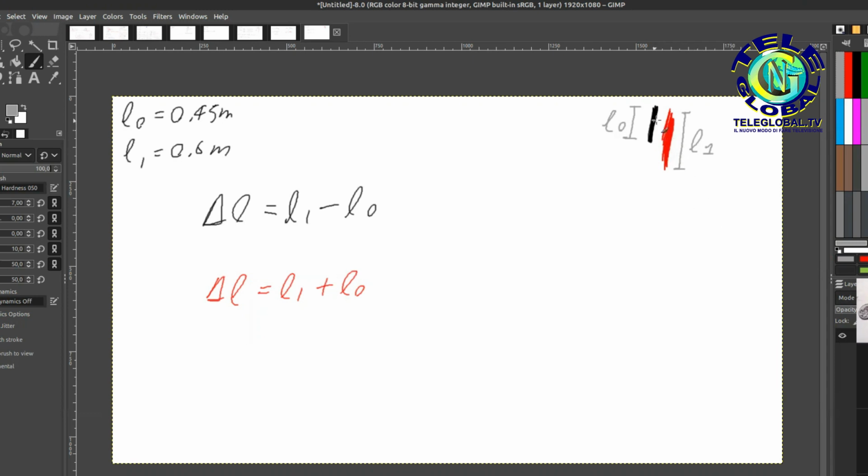Now, if we delete the springs and just keep our lengths, I'm also going to show this horizontally.